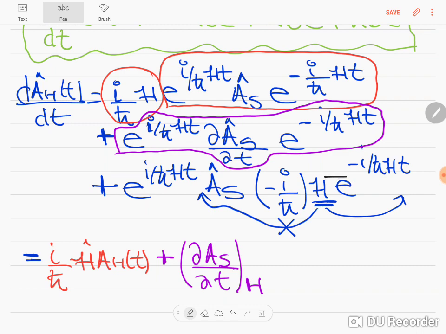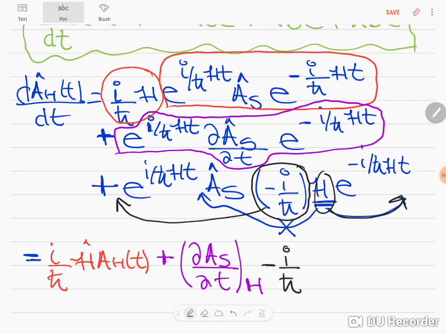What we can do is, since minus i over h bar is just a number, we can move it up front, and this Hamiltonian h, we can move it to the back. That's what we're going to do. So then we write minus i over h bar, e to the i over h bar Ht, A_S.